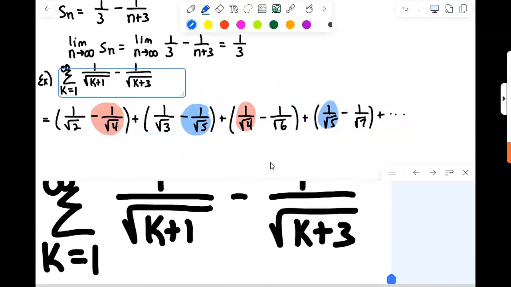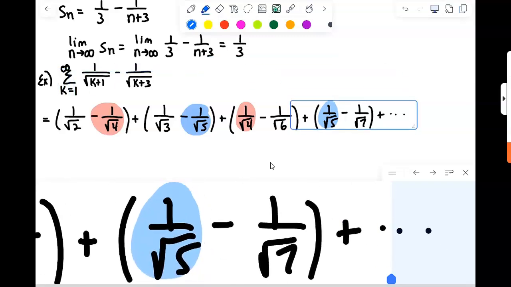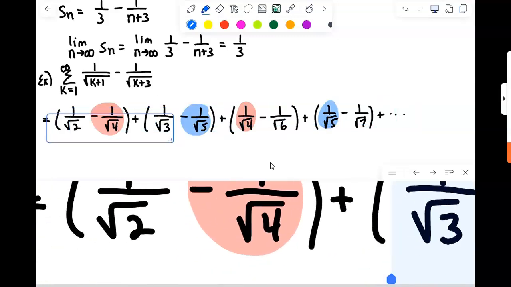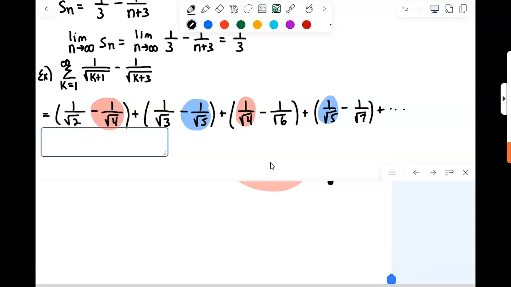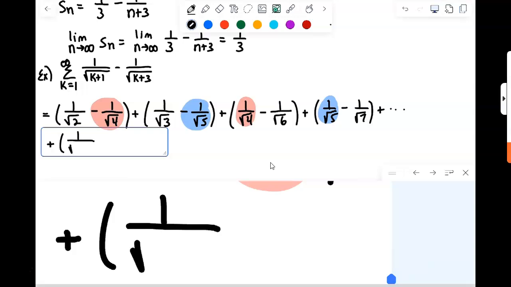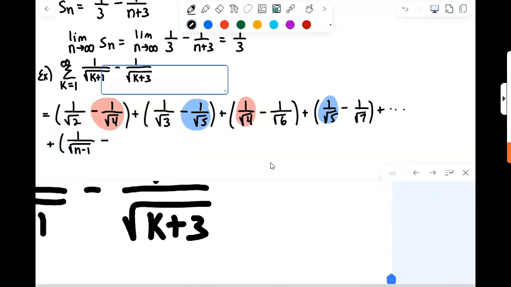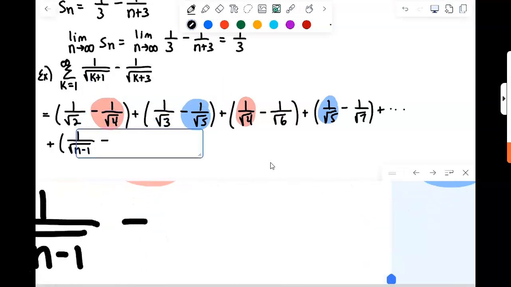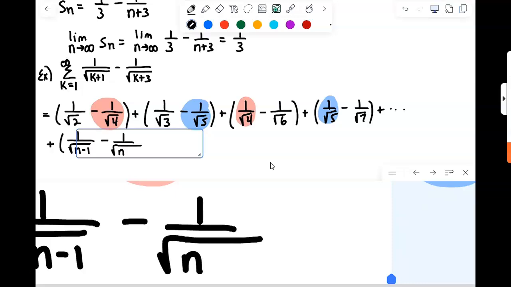So the last term would be n, but the stuff with n is going to cancel from 2 steps previous. So when I write out my terms for n, I'm going to start with 2 terms before n, so we can see how everything works. In other words, I would be plugging in n minus 2. That's going to be 1 over the square root of n minus 1 minus, and then n minus 2 plus 3 would be 1 over the square root of n plus 1.